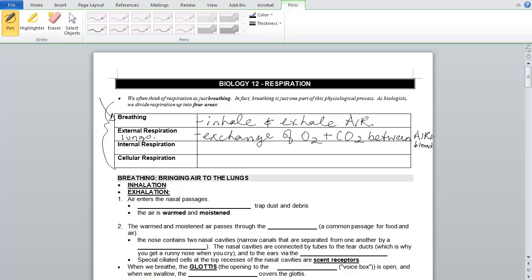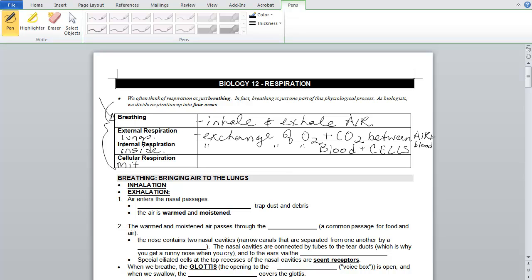Internal respiration is also going to be exchange of oxygen and carbon dioxide, but it's going to be between the blood that is delivered to our body tissues and the surrounding cells. So the same exchange of the same gases, but they're going to be going the opposite way. And this is really inside our body.